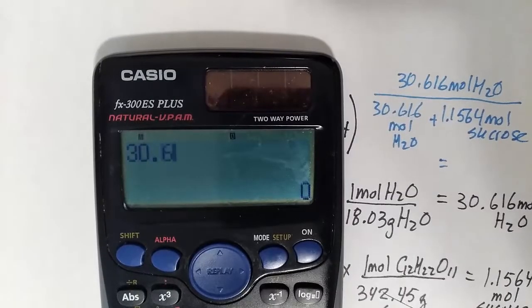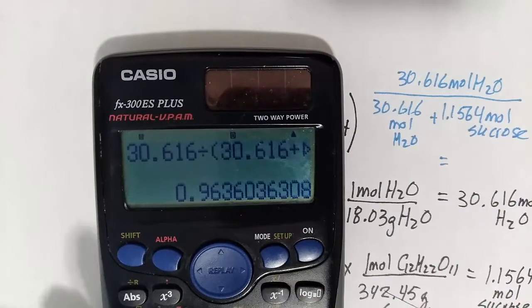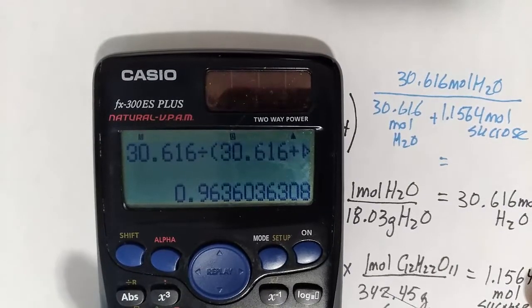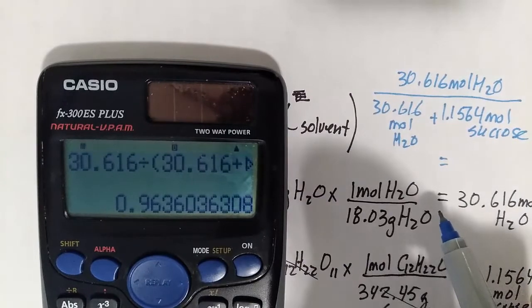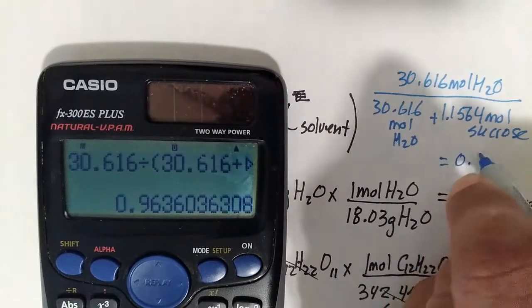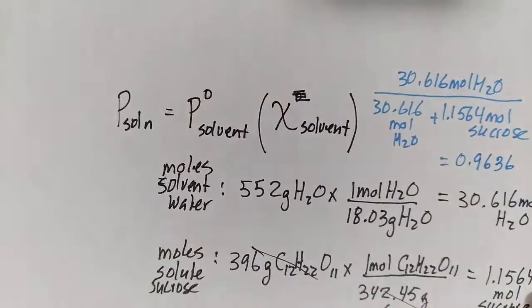So 30.616 divided by, put our parentheses in here properly, and I'm getting about 0.9636. So there's about 96% water in this solution. So 0.9636 will be our mole fraction.